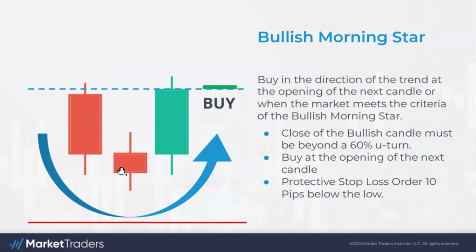So bearish, indecision, bullish. Bullish morning star is a buy candle. As soon as the morning star finishes closing like this, you want to buy the next candlestick that follows.